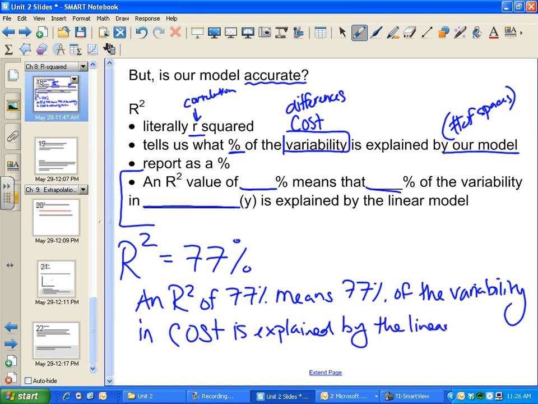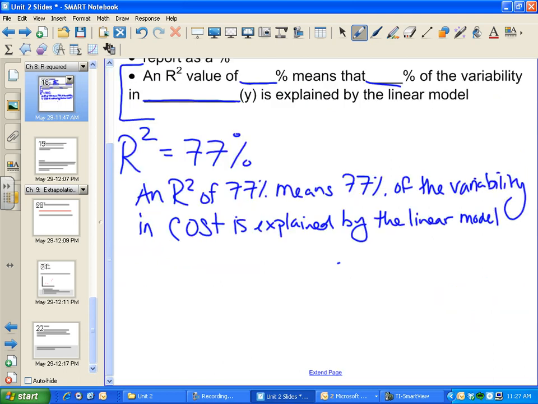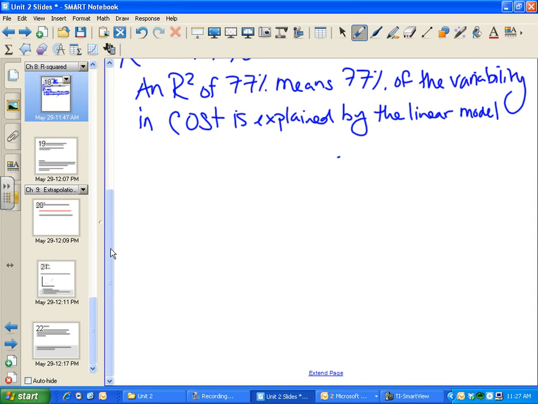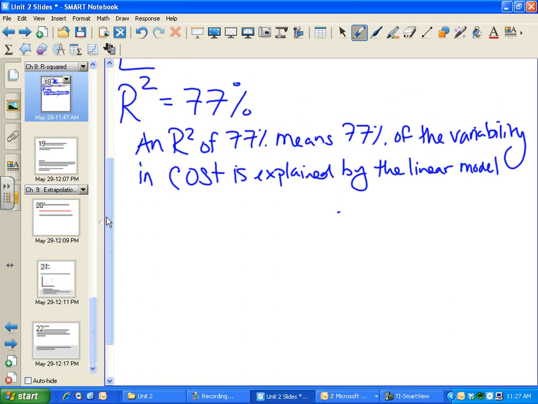In other words, explained by this relationship to the number of spaces. 77%, that's a lot. That's a little over three-quarters. So three-quarters of why a property costs a different amount can be explained by knowing how many spaces away it is from Go. Now, there are other things, right? 77%, that's not all of the explanation.